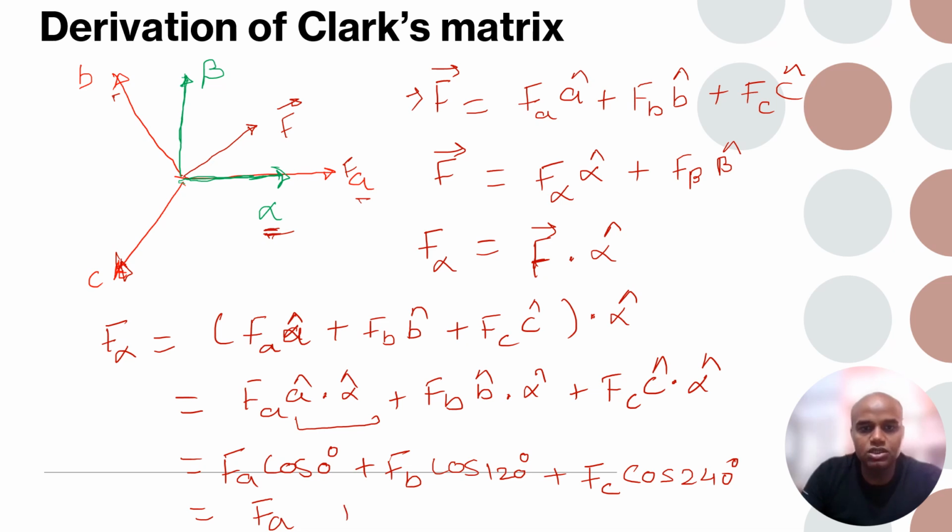So this becomes minus 1 by 2 Fb, and cos 240 is plus 1 by 2, so this becomes 1 by 2 Fc. So here we get the expression for F alpha.